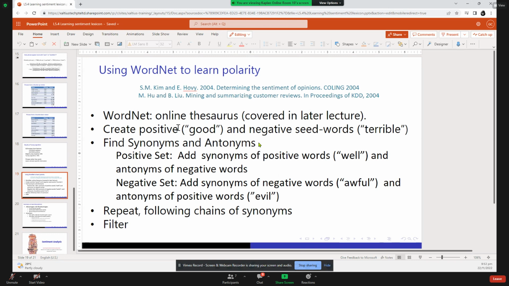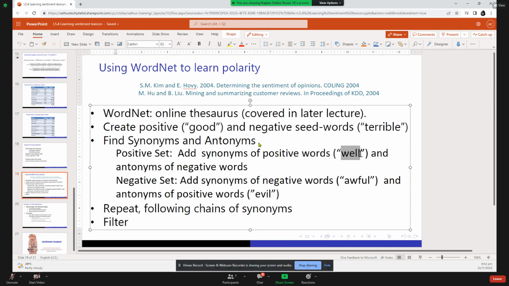So what people are doing here is that in the positive set, they are adding synonyms of positive words. For example, for the word good, we are adding synonyms in the positive set like well, and so on, and we are adding the antonyms of negative words.